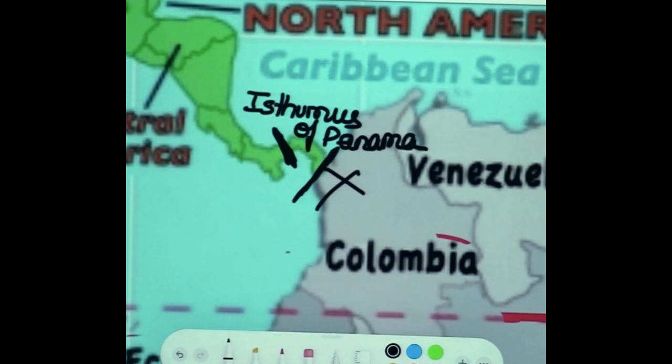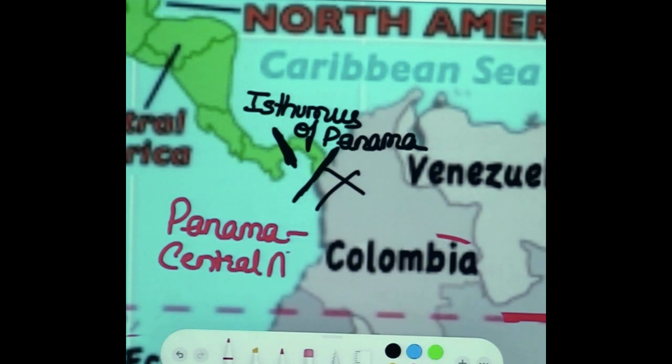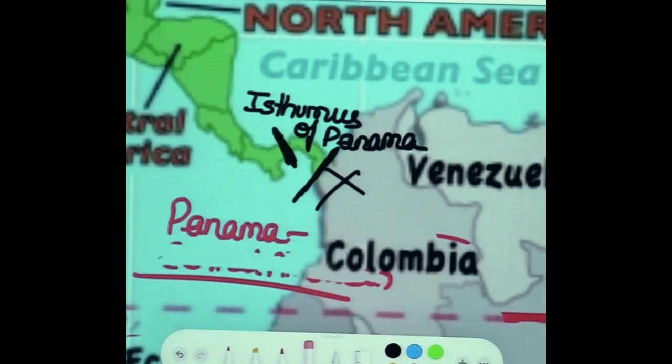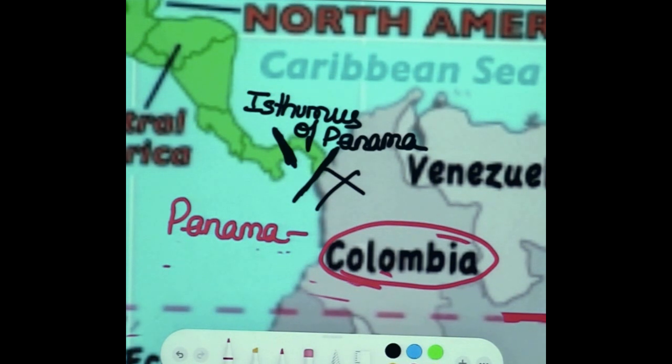I have mentioned point 1, that Panama is a Central American country, and that it shares its international boundary with a South American country, whose name is Colombia, and that the international boundary is not synonymous with the Isthmus of Panama.